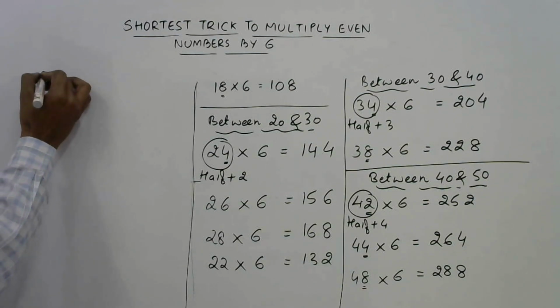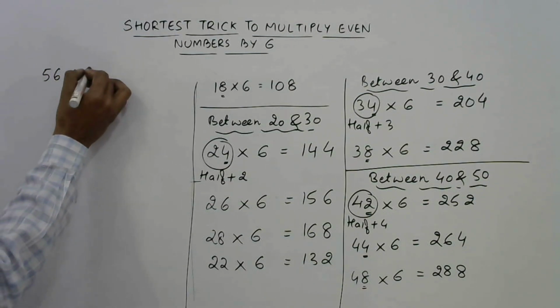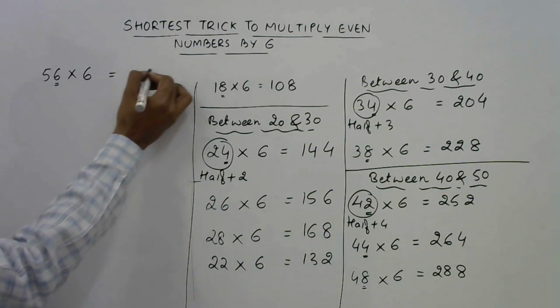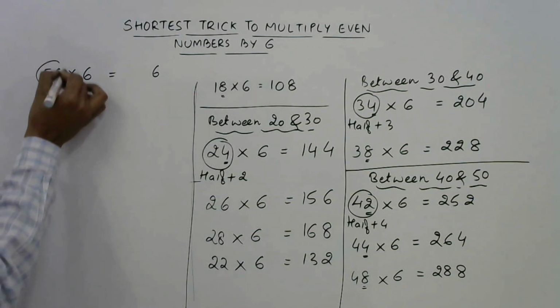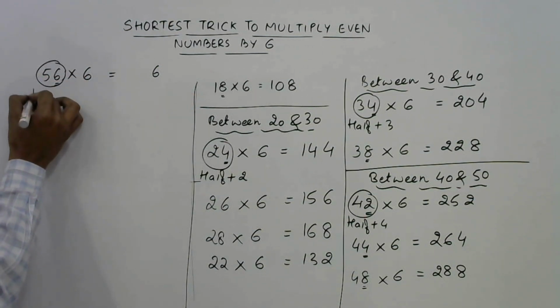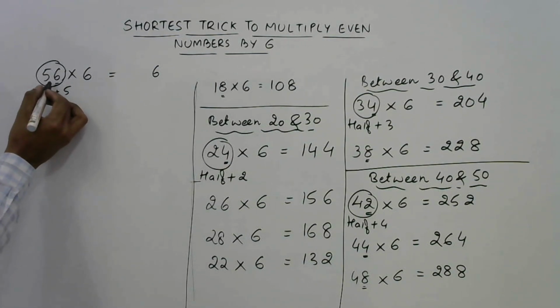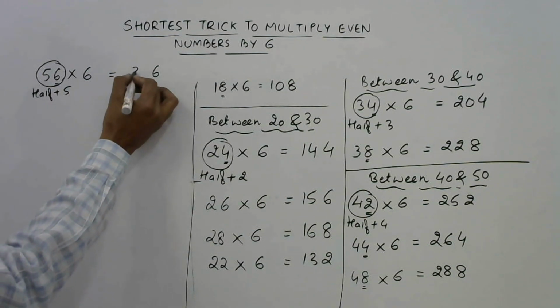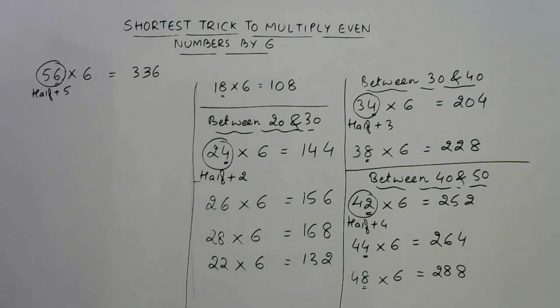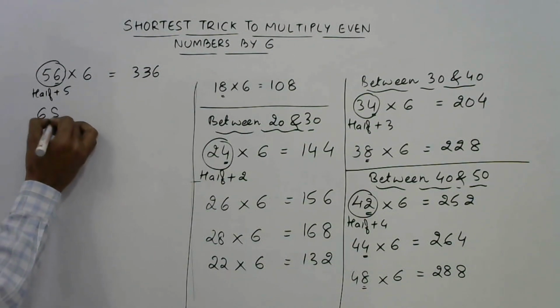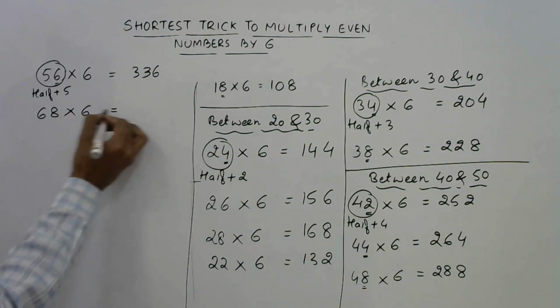See, the example is 56 into 6. Now see, 6, half plus 5. Half is 28. 28 plus 5, 33. So 336 is the product. Let's take 68 into 6.